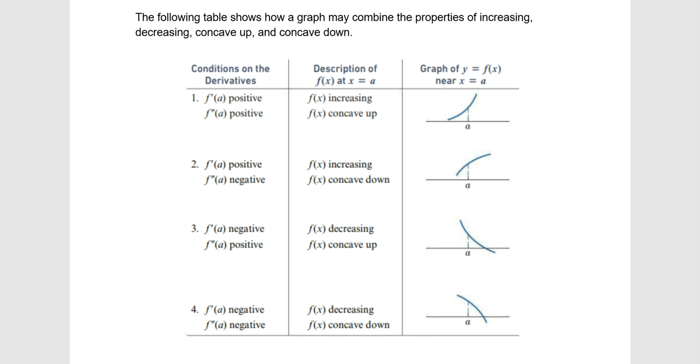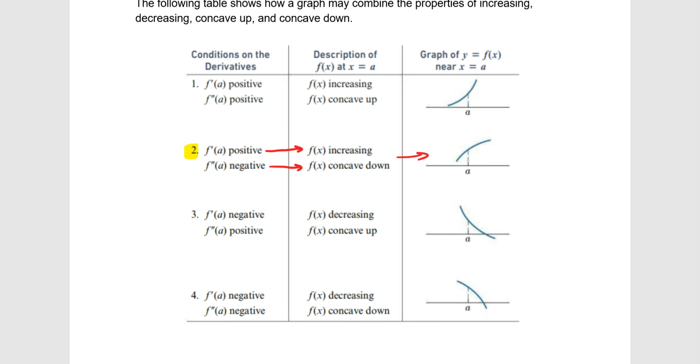For the second, if f prime of a is positive but f double prime is negative, f would be increasing, but concave down, so that would look like this graph.